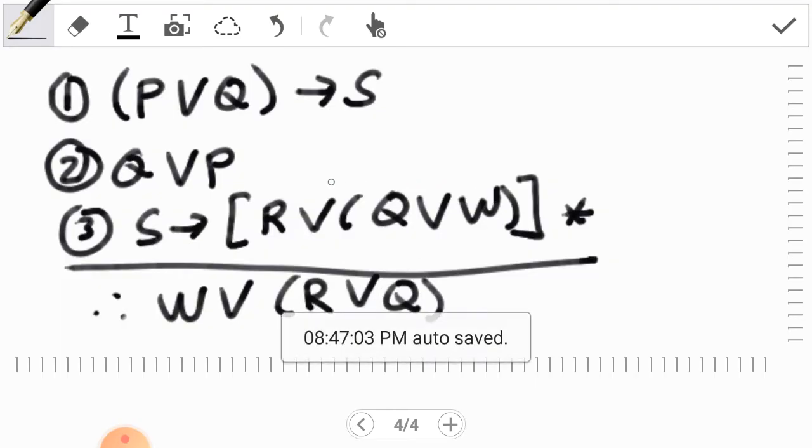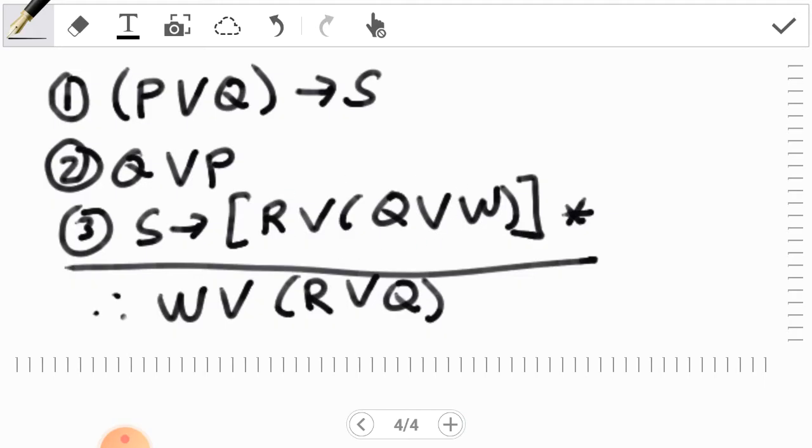Okay, so it means we want to obtain this. And in premise number 3, you will find that you have S implies a proposition, or a proposition implies a proposition. So what will be our target?